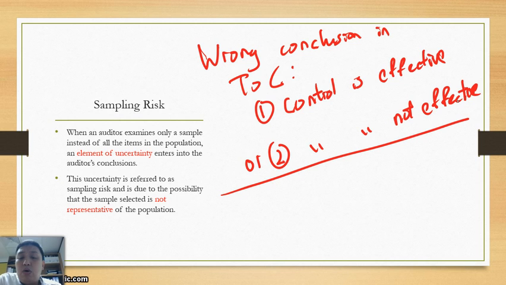Because of this wrong conclusion in number 1, auditors may have wrongly relied on control and adopted a reliance strategy.